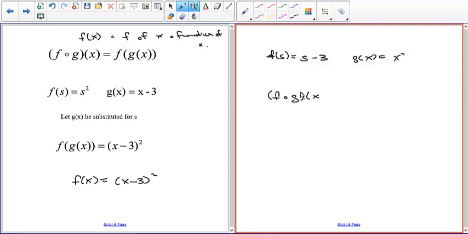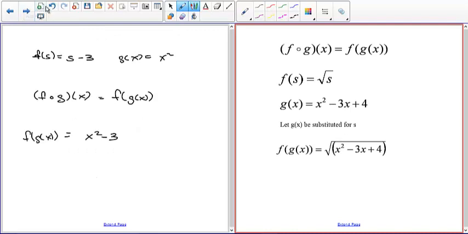I tend to use the second terminology, f of g of x. So again, what you're going to do is you're going to plug in g of x into here, and then instead of putting g of x here, I'm going to put the corresponding x thing. So for this particular example, f of g of x is going to be equal to x squared minus 3. So x squared is substituted for s.